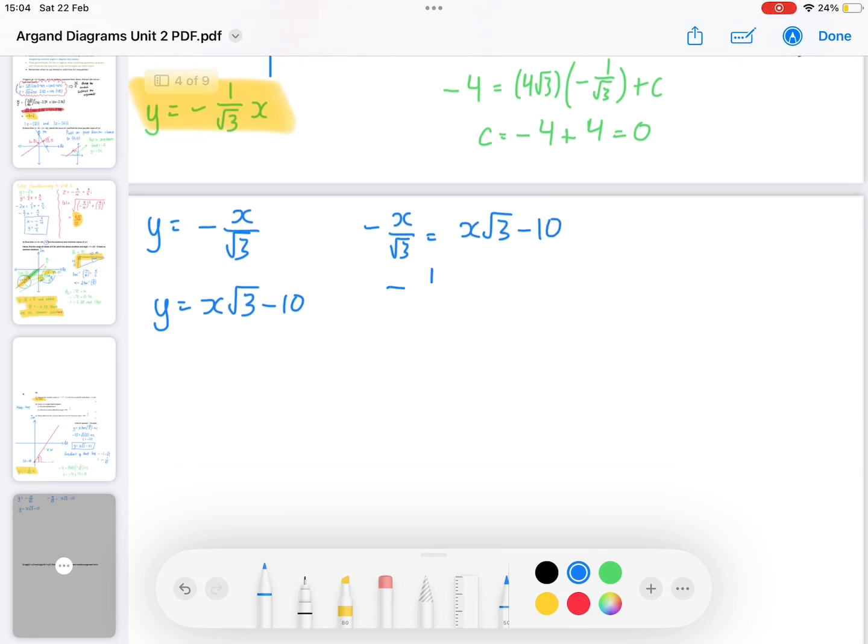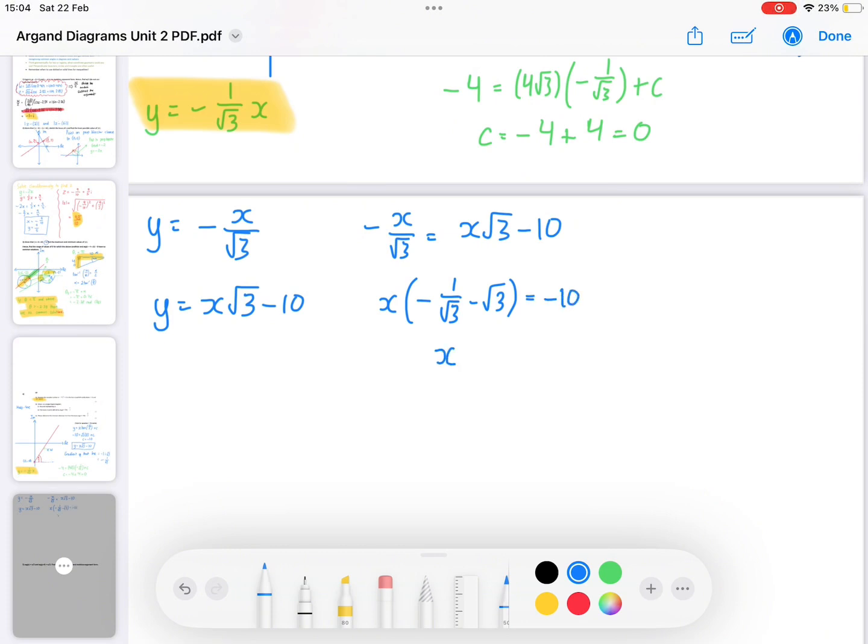So subtracting x root 3 from both sides, we have x times minus 1 over root 3 minus root 3 equals minus 10.